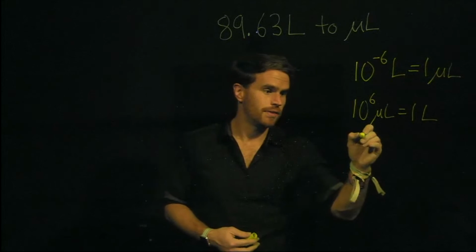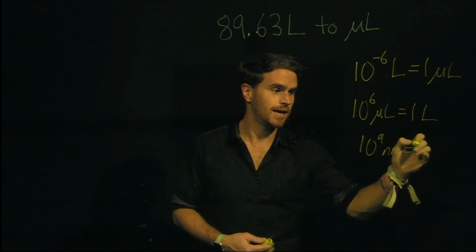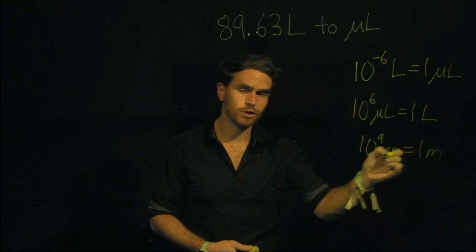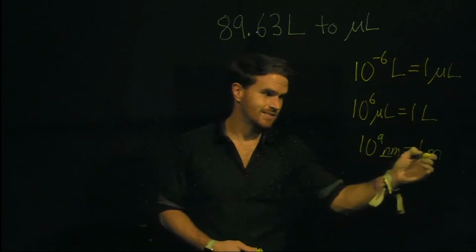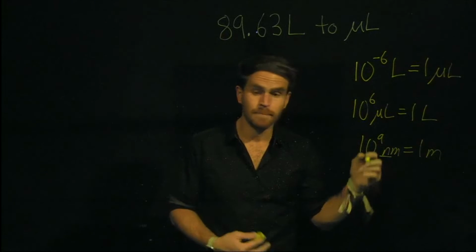For example, there are 10 to the 9 nanometers in a meter, and this uses the prefix for whatever unit that you're in and gets it to the base units. Another example of this would be milliliters.